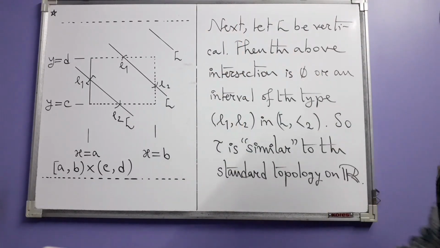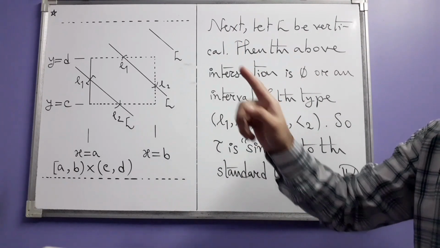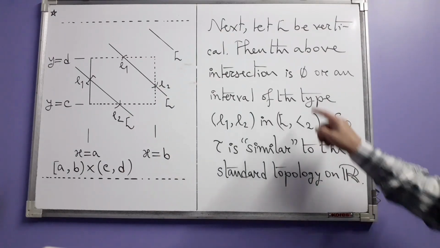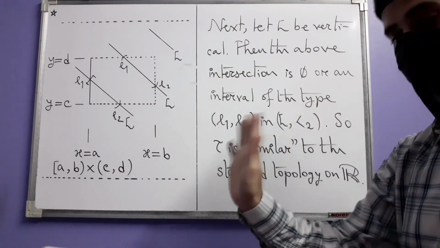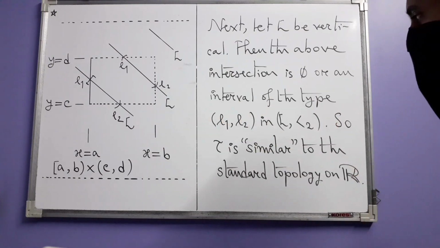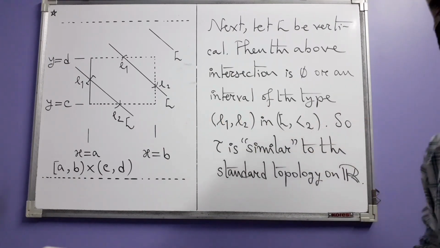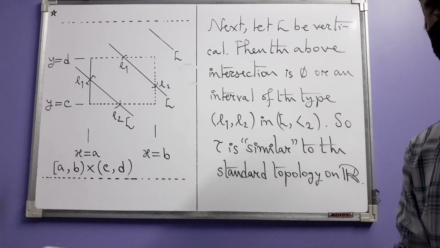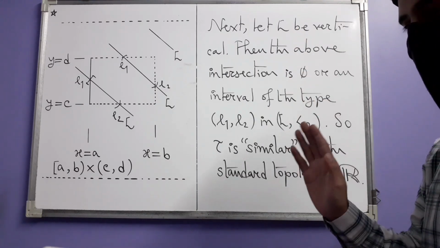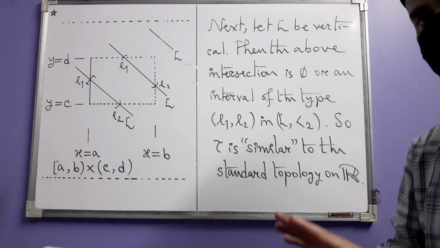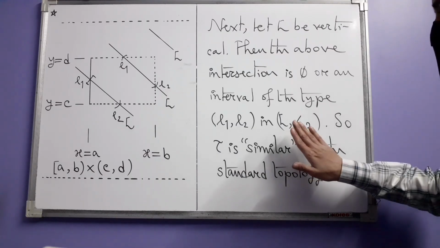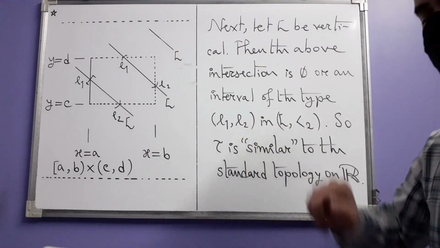Then the above intersection, that means the intersection of L with this, is either empty or an interval of the type, this time only open interval, (L1, L2), in this other ordered set. Don't forget that when L is vertical, we defined a different order relation on L, but still that is an order relation. In that order relation, we can consider this open interval.